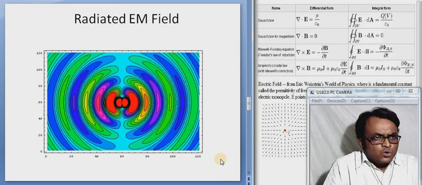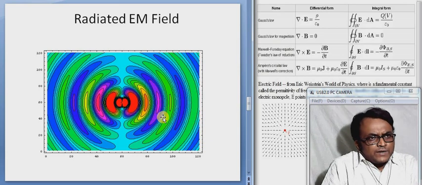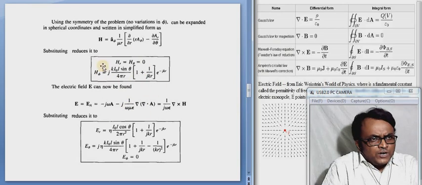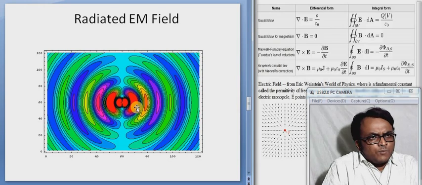As a whole, the radiated field will look like that, where the total field is the component of both the electric field as well as the magnetic field.